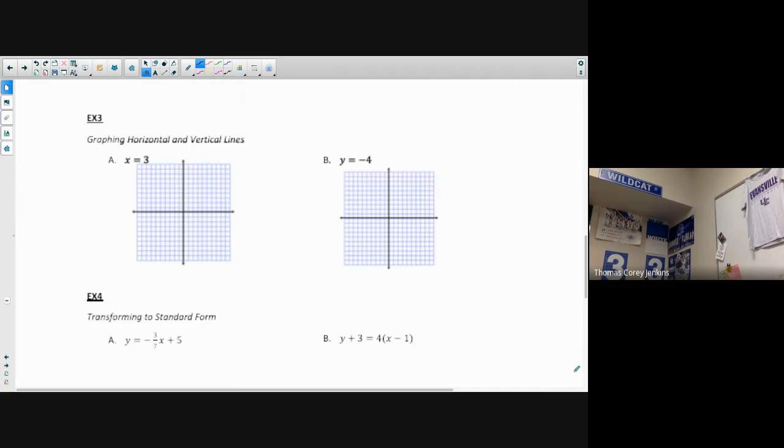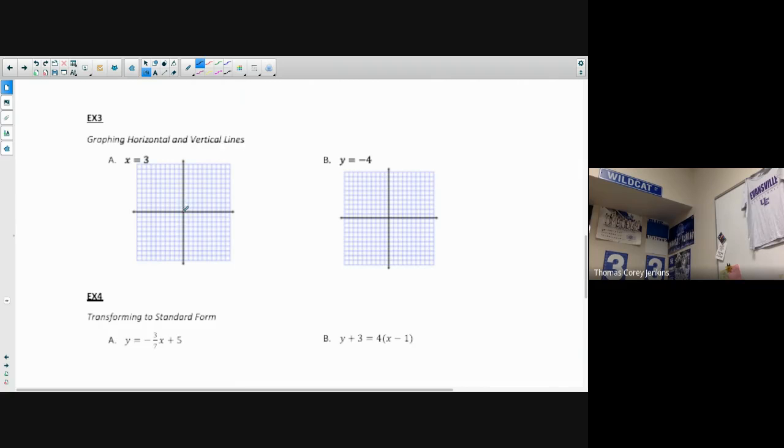We've seen these in other lessons, but it's a good review: graphing horizontal and vertical lines. Thinking in terms of intercepts is what helps me remember whether x equals a number is vertical or horizontal. If I see x equals 3, I think of that in terms of intercepts as 3, 0.